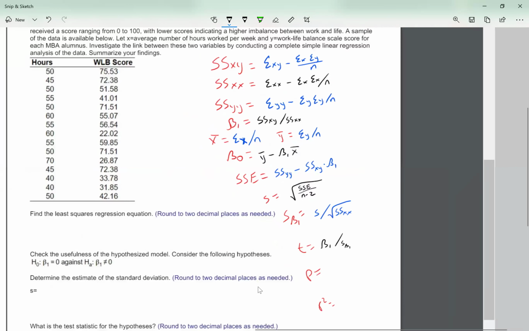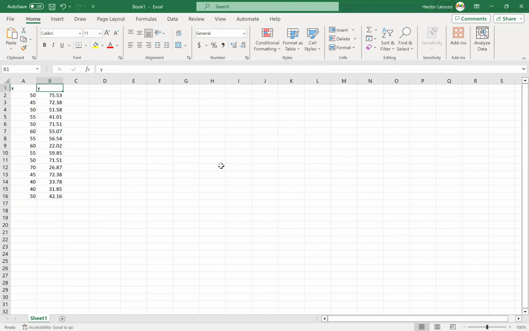So our data, let me transfer our data to Excel. I already did my X and my Y values. Here, I like to label things.